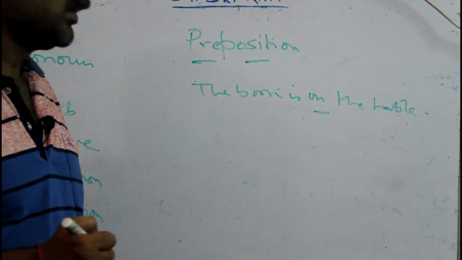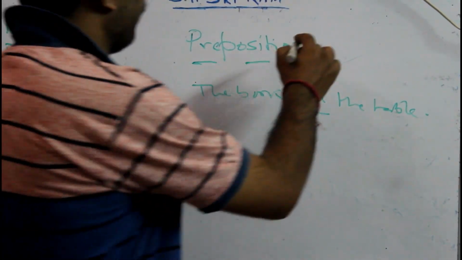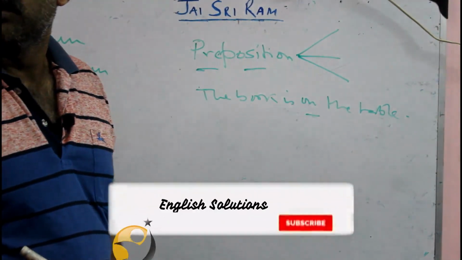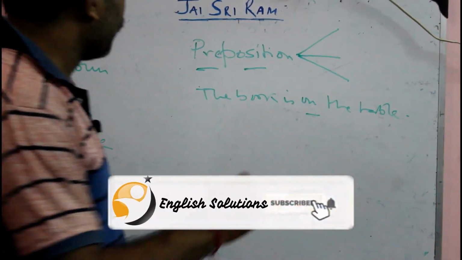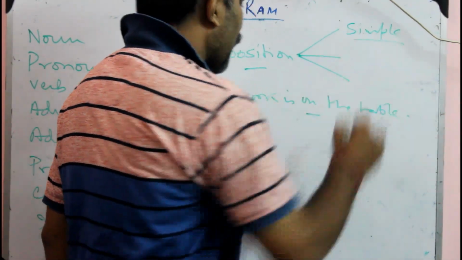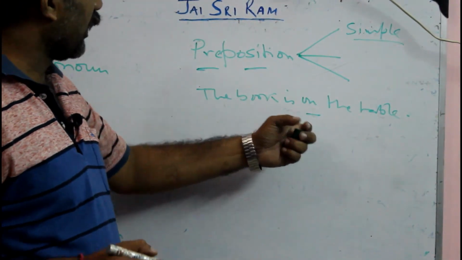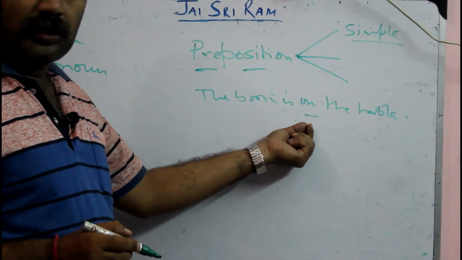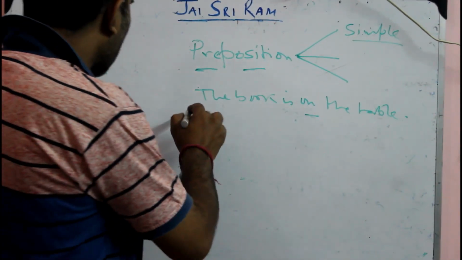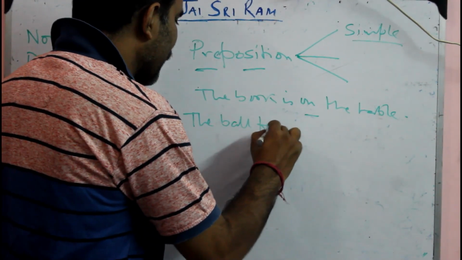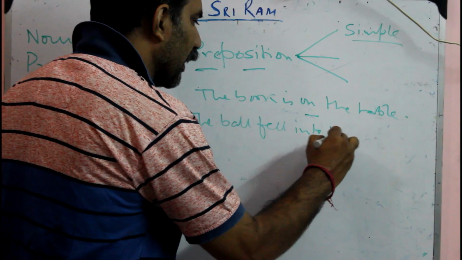Structurally, prepositions are of three types. One is a simple preposition. A simple preposition is a preposition like on. Now, the ball fell into the river.